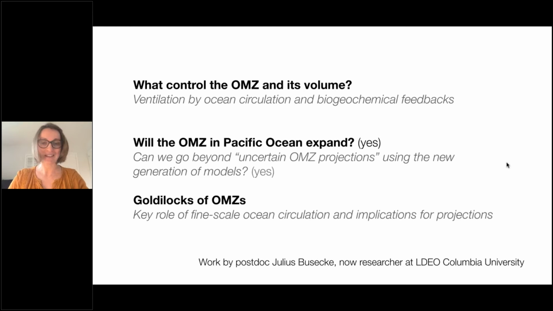Hopefully I can convince you that we can, and yes, the OMZ in the Pacific will expand according to those models. And then I'll finish with what I call the Goldilocks of OMZs: those models have very different OMZs to start with, some small, some large, and I'm going to show how the fine-scale ocean circulation shapes those OMZs and the implication for projections.